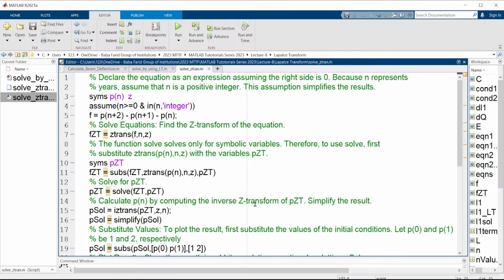Are you getting my voice now? I can see the chat box. If there is any question, you can put it in the chat box.